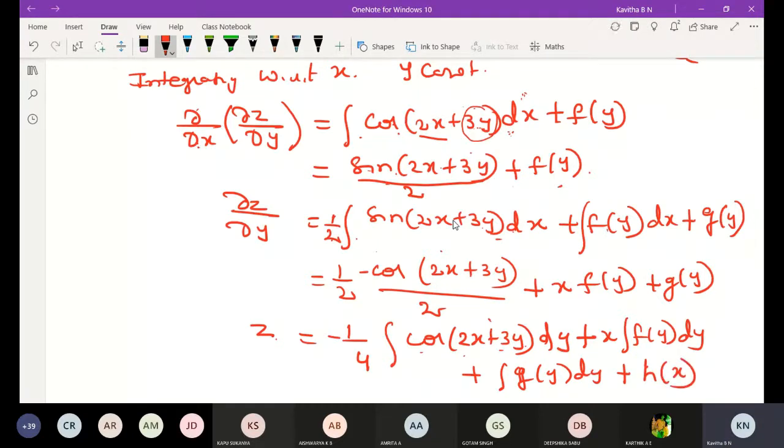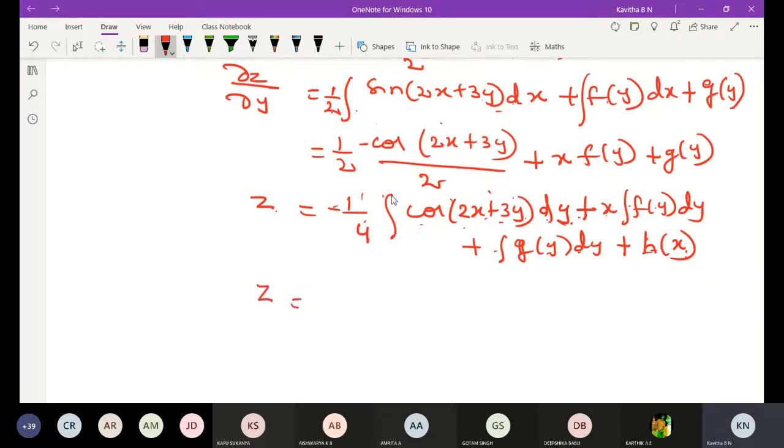Integrating with respect to y means x is a constant, so we write h of x. Understood?